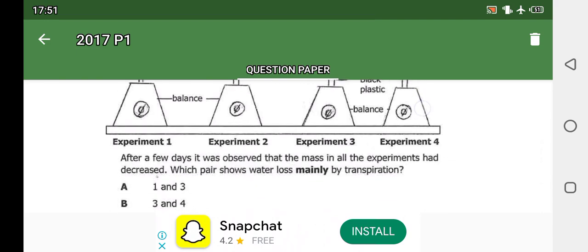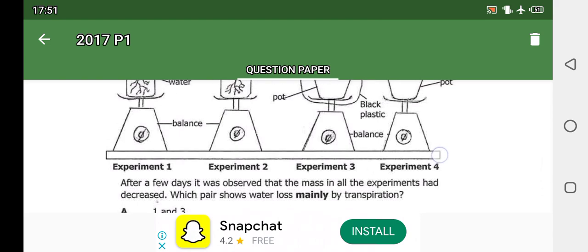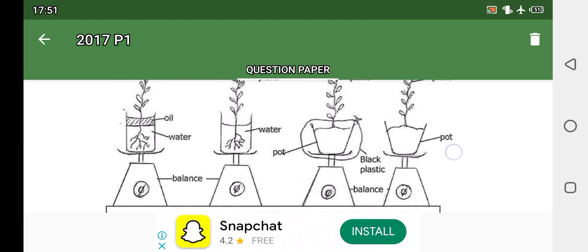Now the question is, after a few days, it was observed that the mass in every experiment had decreased. Which pair shows water loss mainly by transpiration? So which experiment will lose a lot of water?